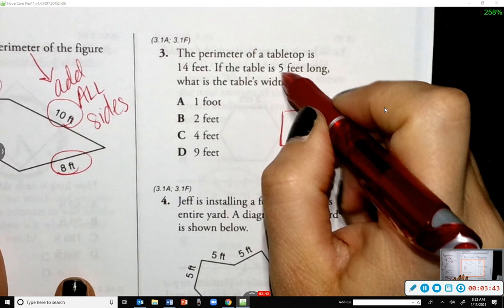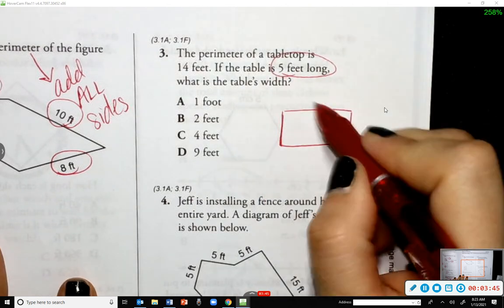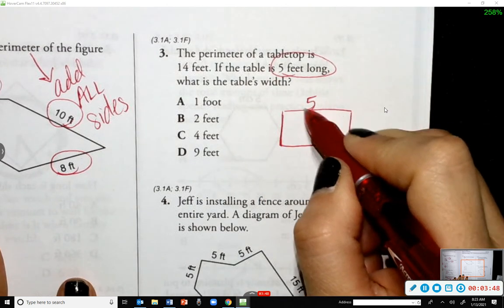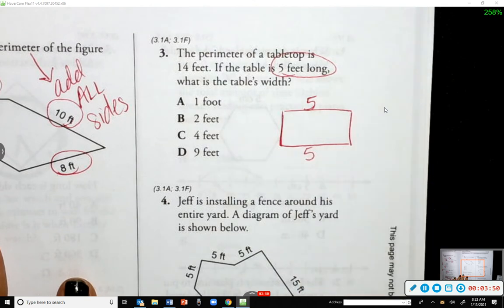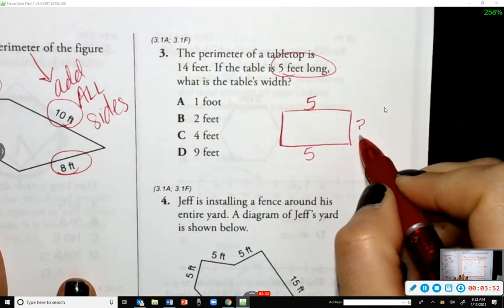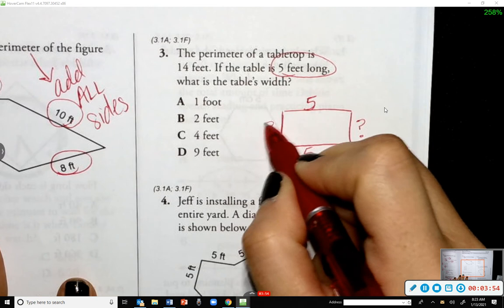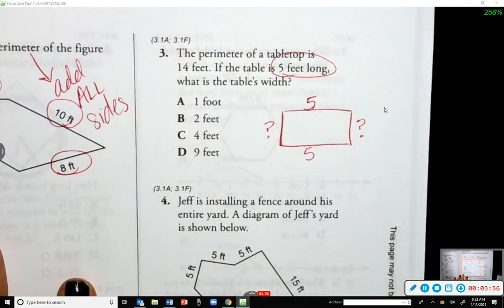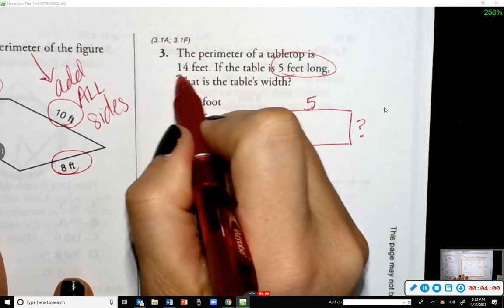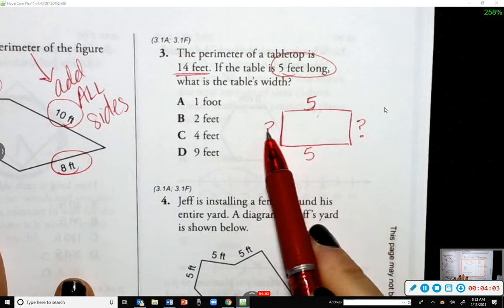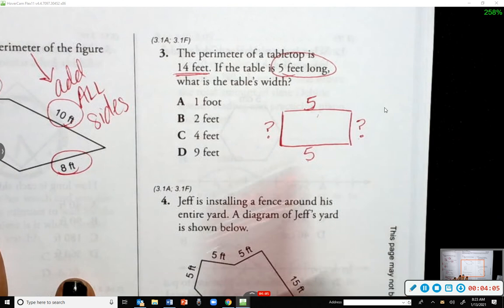It tells me that the table is 5 feet long, so I'm going to go ahead and label 5 feet here and here. So that means I need to find out these two sides of the table, right? Okay. The perimeter is 14 feet. So that means all 4 of these sides are going to add up to 14.